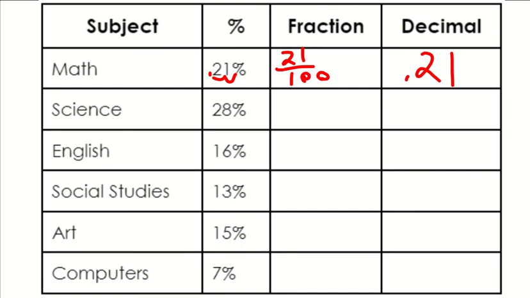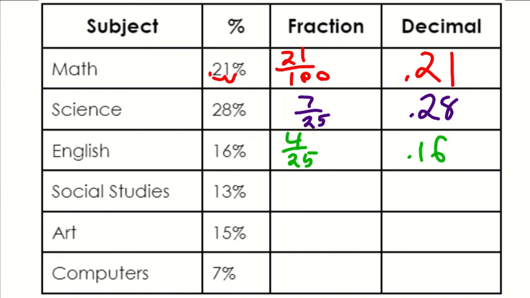Who can tell me science? So we got 7/25 and 0.28. English: 4/25 and 0.16. What's next?